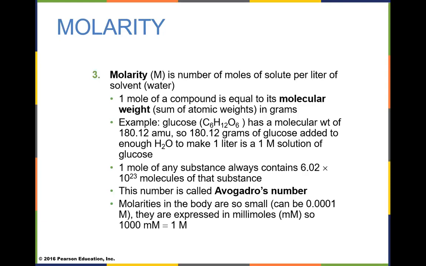What that means is that as the molar number goes up, it becomes more concentrated. So if and when you take a chemistry class, you would see that the more powerful acids are measured based on their molarity.